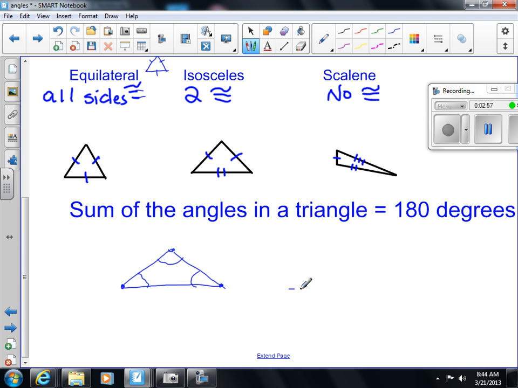And when I put their edges together, they always make a straight line or a straight angle, which is 180 degrees. Okay, now I'm going to show you in real life how this works.